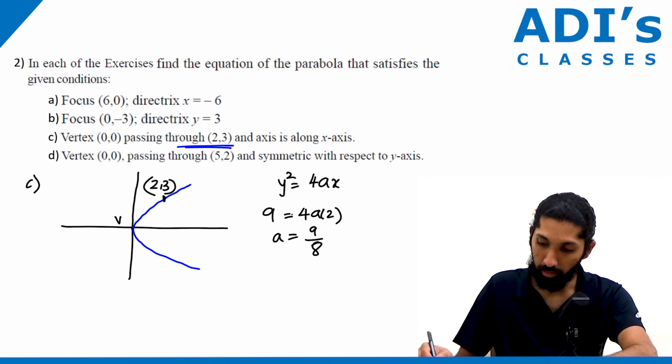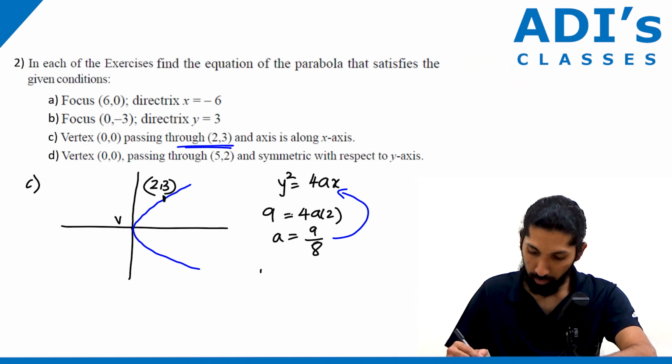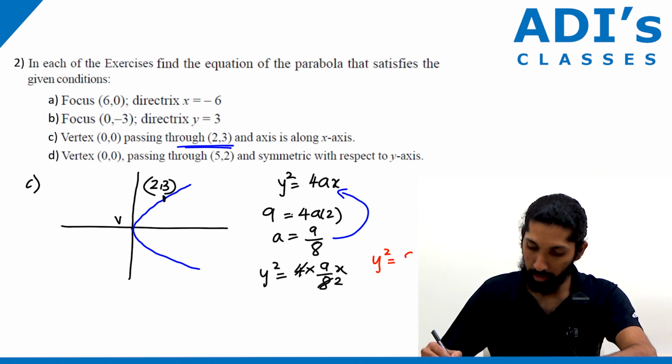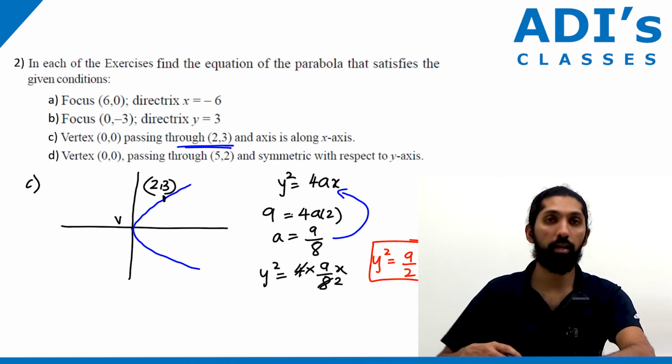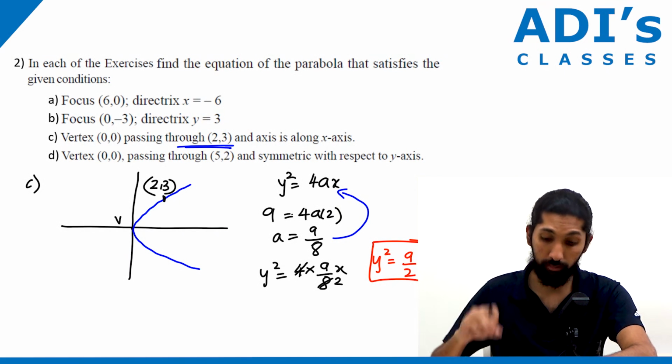Now take this 9 by 8 and substitute it back. So you get y square is equal to 4 into 9 by 8 into x. So what do you get? You'll get y square is equal to 9 by 2 into x. This becomes the equation of the parabola. That means this is the answer for the third question.